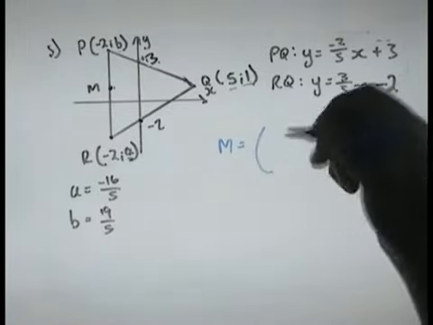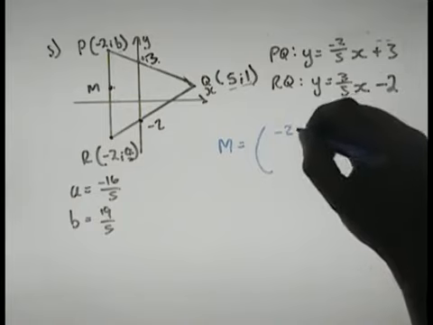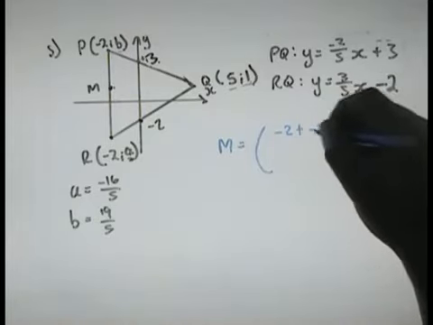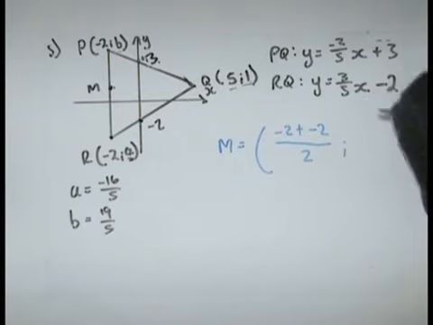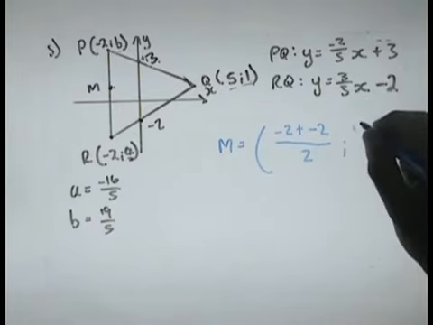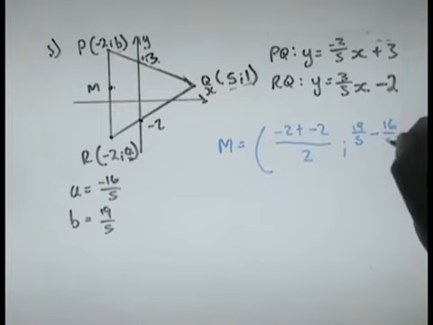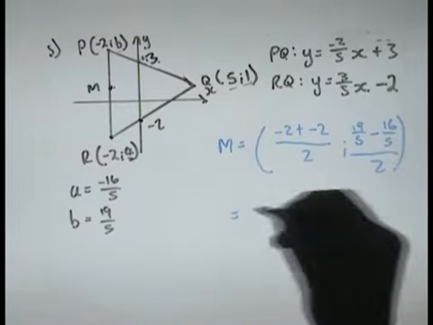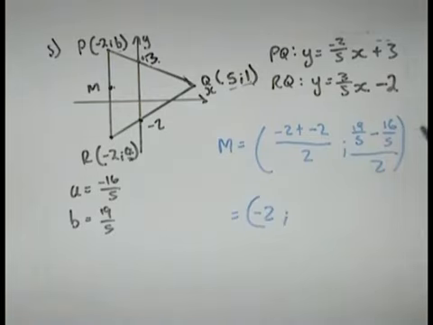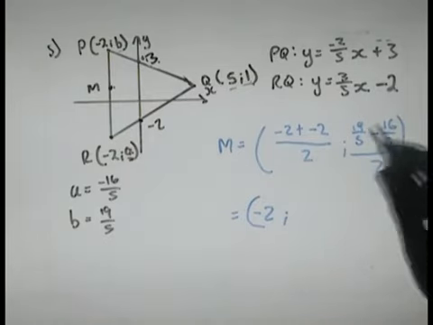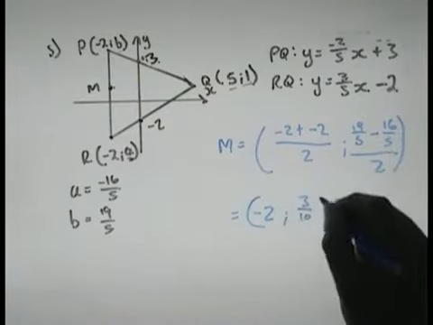So it's going to be given by x2 plus x1 over 2, so that's going to be negative 2 plus negative 2 over 2, and a y value of B plus A over 2, or 19 over 5 plus negative 16 over 5, which becomes minus 16 over 5, all over 2, which is going to be given by negative 2 and 19 over 5 minus 16 over 5 is going to give me 3 over 5 divided by 2, which is the same as 3 over 10.